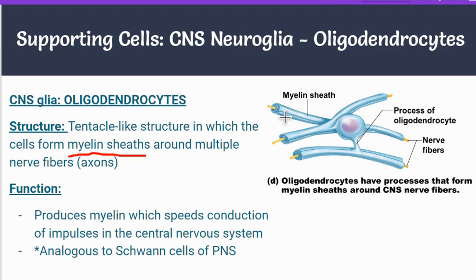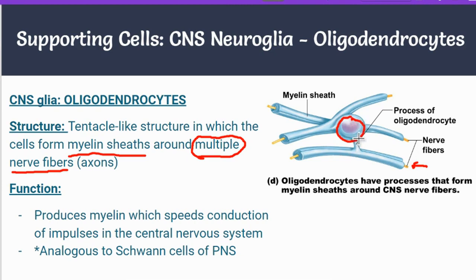So oligodendrocytes are able to put the myelin sheaths around, and here's the main thing, multiple nerve fibers or nerve cells, axons. You can't really see it here. So this is like an axon right here, and this is the oligodendrocyte right here.